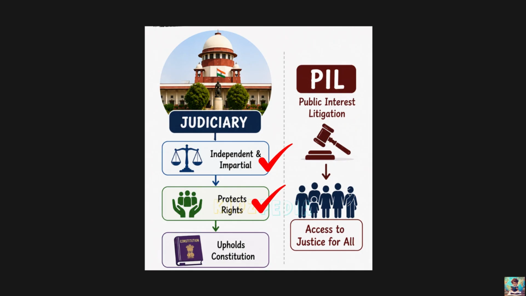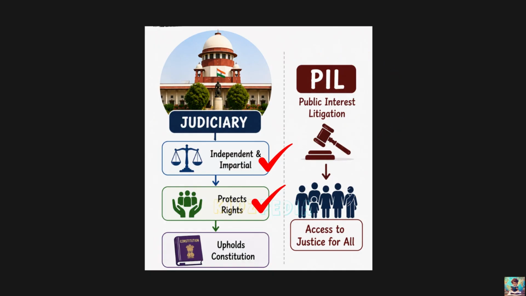The judiciary has also taken important initiatives to make justice accessible to all. One such initiative is public interest litigation or PIL. Through PIL, matters concerning public interest can be brought before the court, helping people seek justice even in matters affecting the wider society.